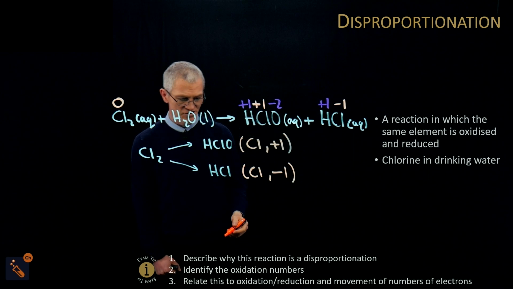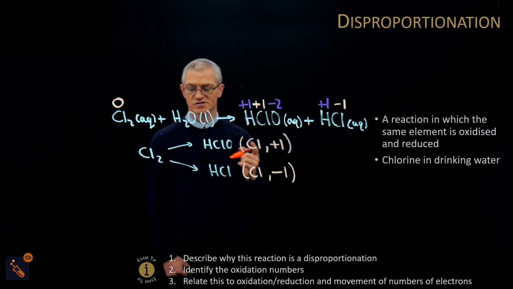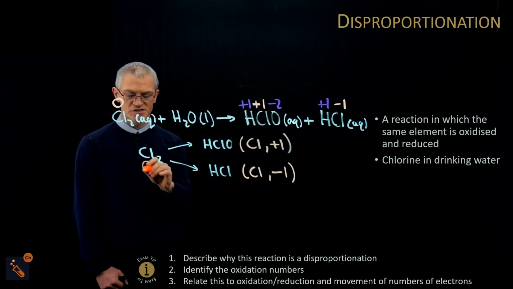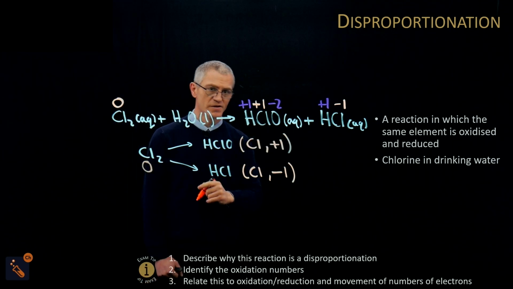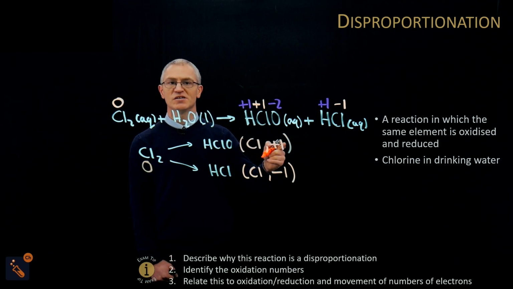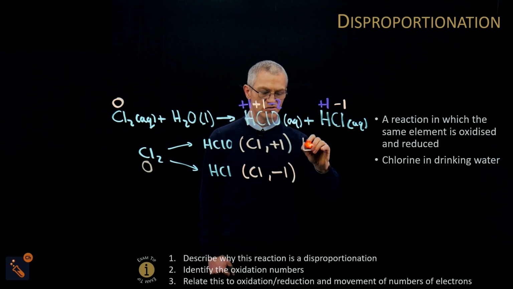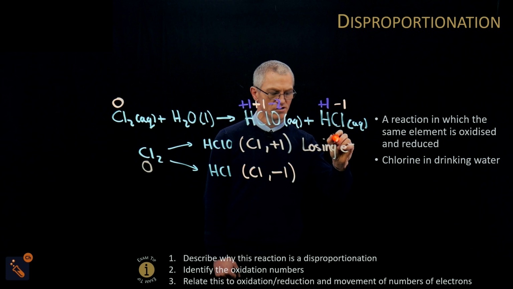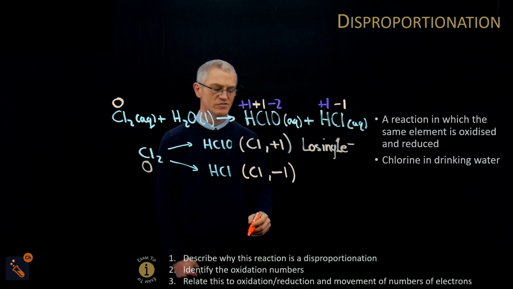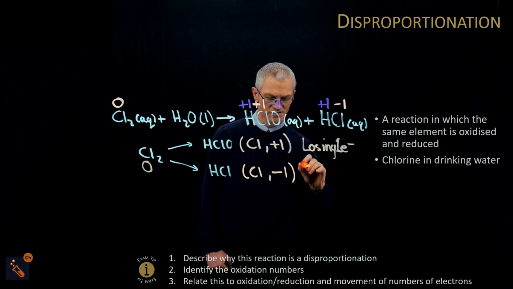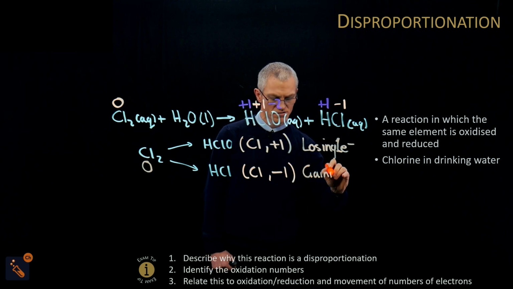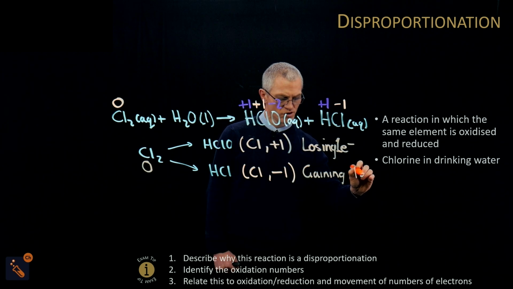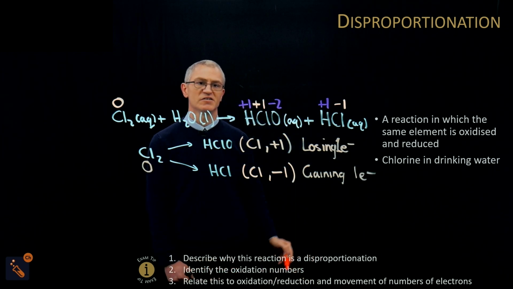Now I need to relate this to my oxidation or reduction. So that means, remember, I'm going from 0 to +1. 0 to +1 means I am losing 1 electron. So that's losing 1 e minus. Okay, so losing 1 e minus. And this is gaining 1 e minus. Okay, so it's gaining 1 e minus.